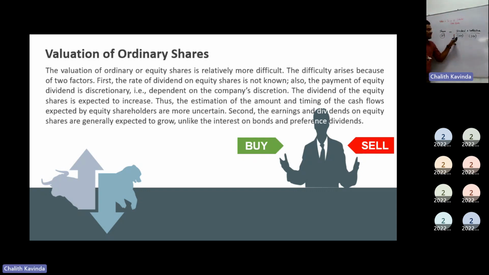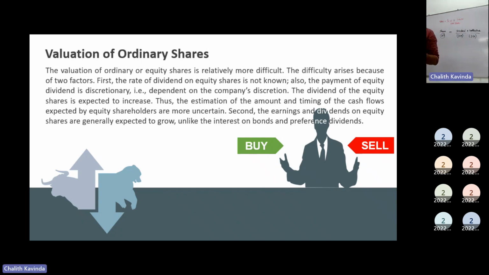These are the expected cash flows associated with shares, and you have to discount them and get the value. This is what we know as the dividend discount model. Under dividend valuation, we have the dividend discount and dividend growth model. The dividend discount means you are discounting your dividend and you are getting the value.